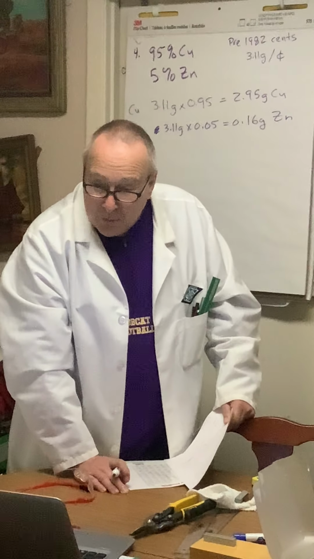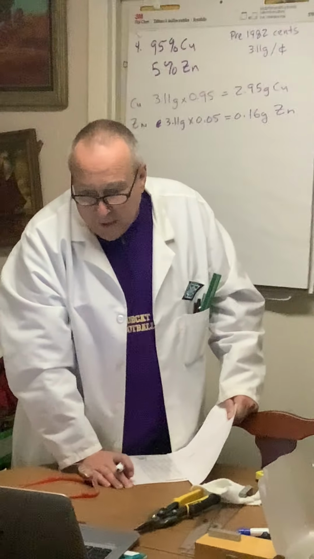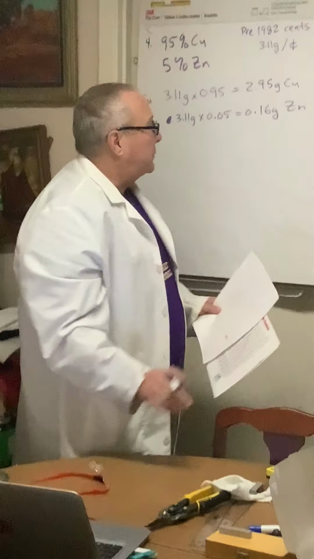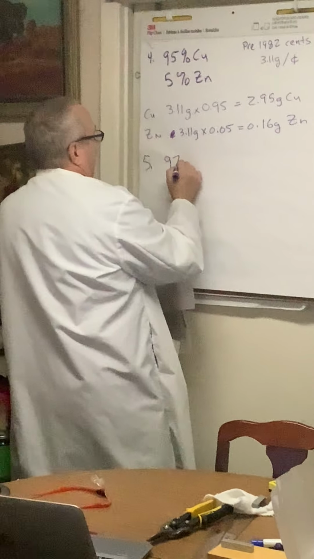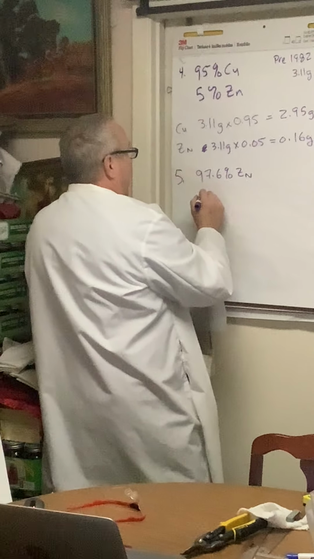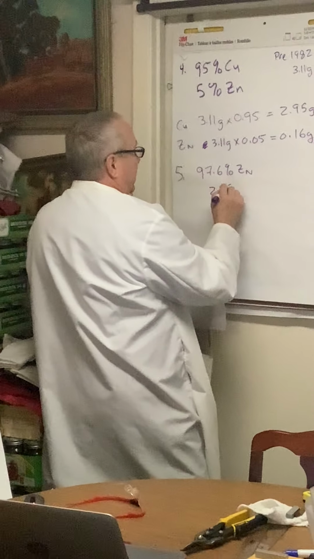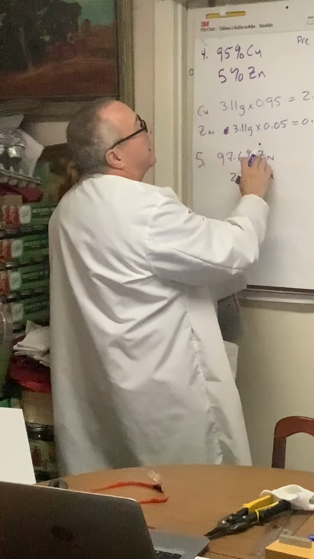So two different metals with different properties. One dissolves in hydrochloric acid, one doesn't. But the new pennies are 97.6% zinc, and 2.4% copper.